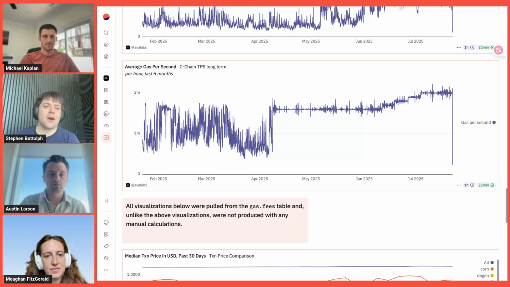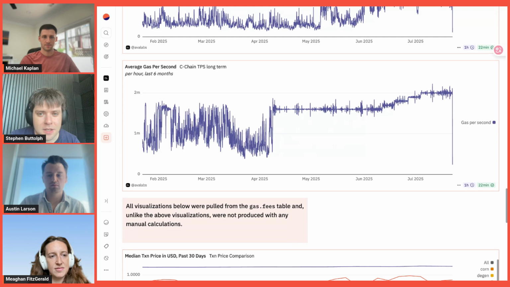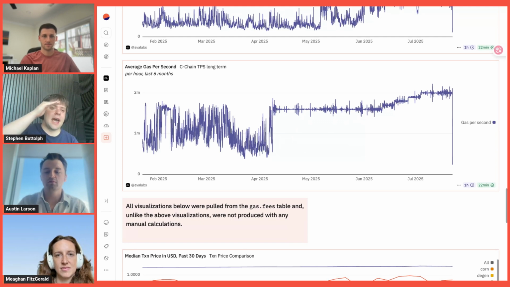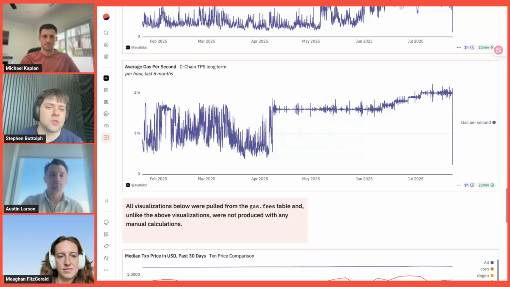But yeah, as far as the validators voting, in this graph we can see there are periods of time where the gas target, or the gas usage, goes up quite discretely, right?